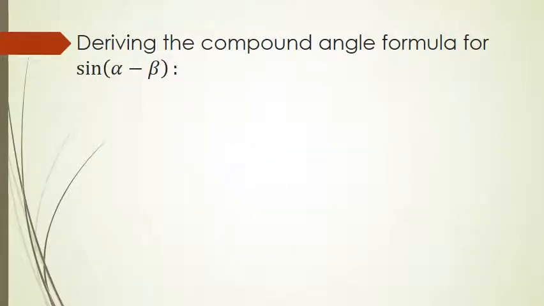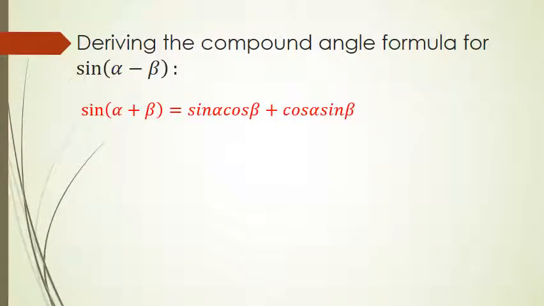Deriving the compound angle formula for sine alpha minus beta, we will use the compound angle formula for sine alpha plus beta which we have just proved. Rewrite sine alpha minus beta as sine alpha plus minus beta. I hope you can see that this simplifies to that.